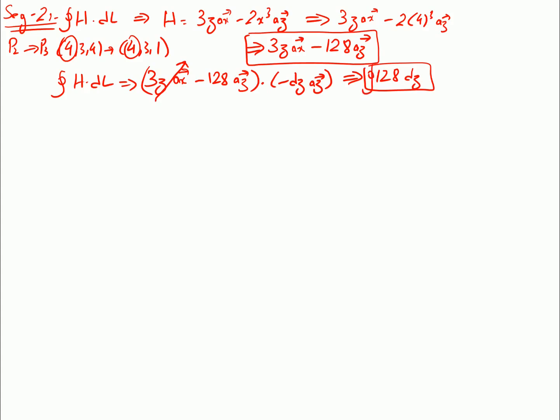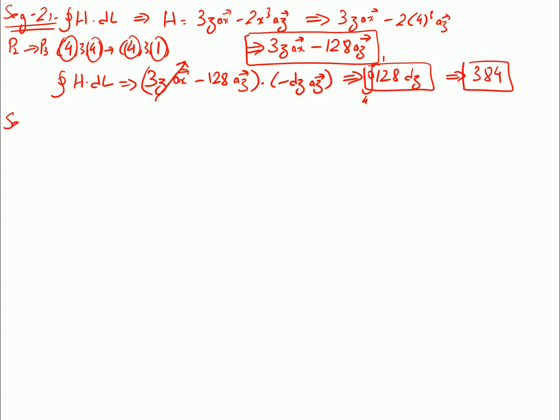Since this is along z, as we are going from P2 to P3, the limits will be 4 to 1. Once I integrate from 4 to 1, I get the answer of 384. So this is the answer which I am getting for the second part.